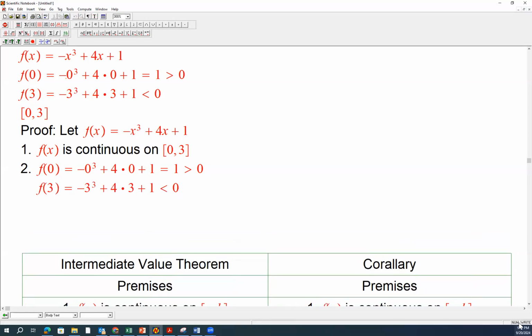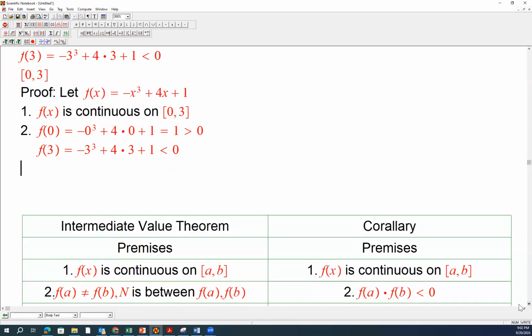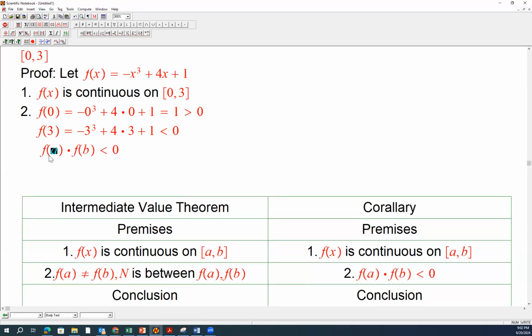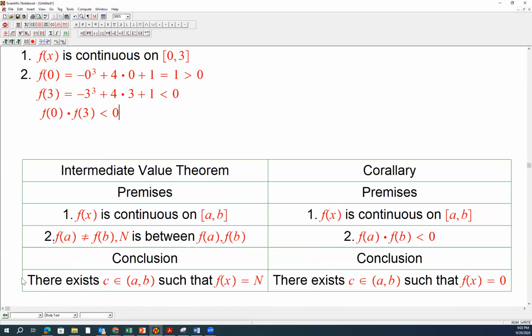Yes. And if you like to say f of this is true, no problem. Right? So you use the corollary. Okay, so then you say, applying the intermediate value theorem, right?